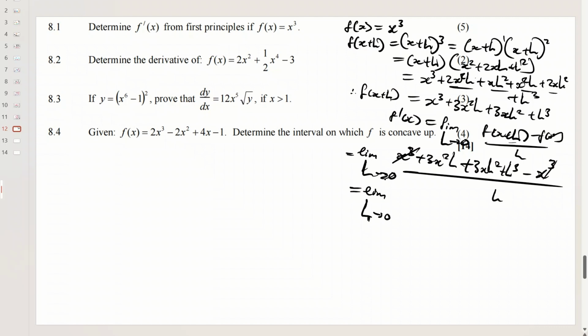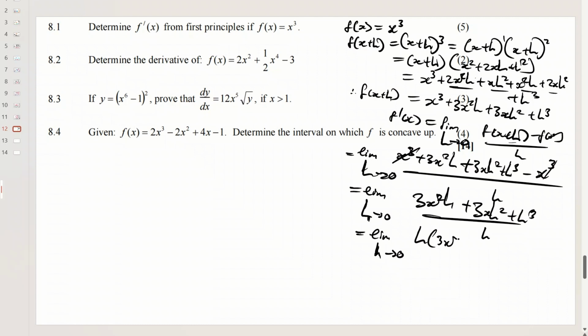So by now you should already know that, okay, after this step, everything is in terms of h there. You can see you have h and x. So that's when you know that, yep, I've done it correct. So h is your common factor, since it is everywhere. You have 3x squared plus 3xh plus h squared.